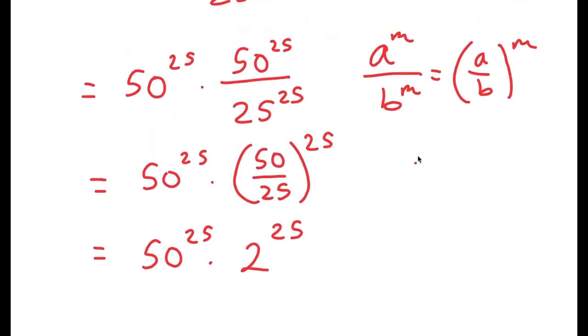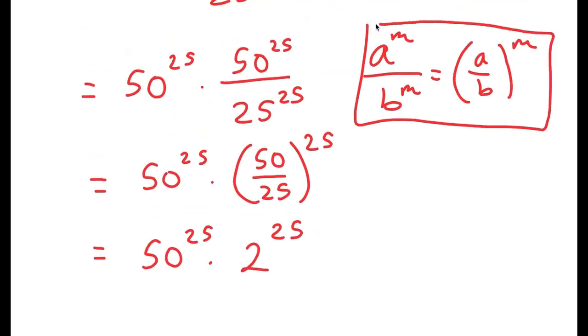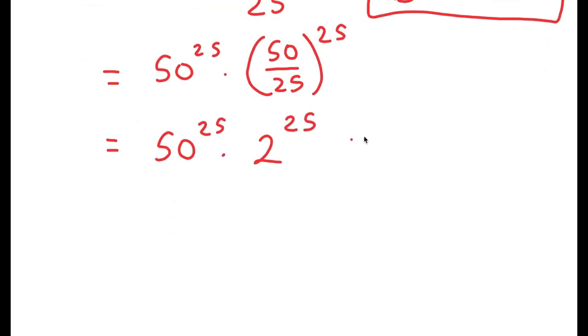Now, another property I can use, and which will be the final property of this video, is that if I have something in the form a to the power of m times b to the power of m, this is equal to a times b to the power of m. So you are basically just factoring out the exponent.